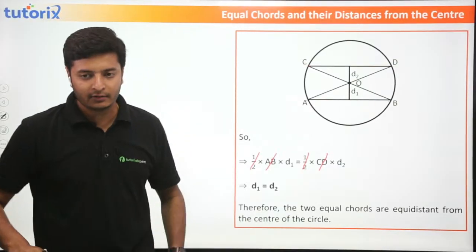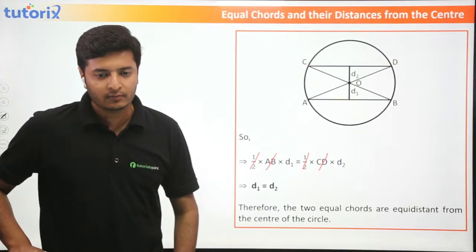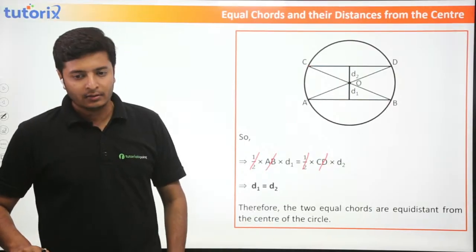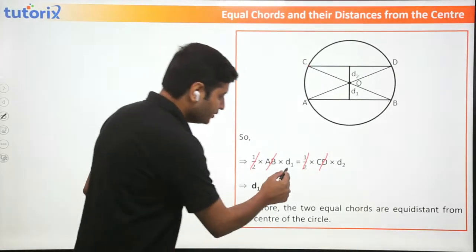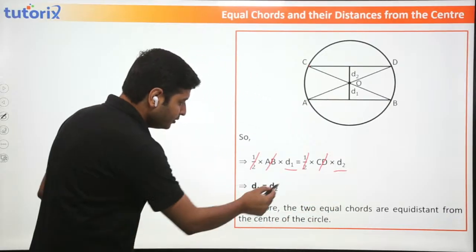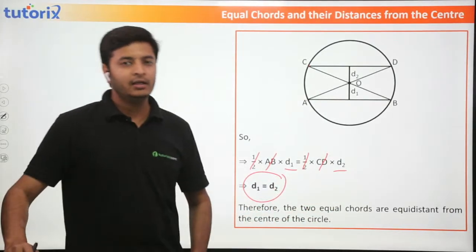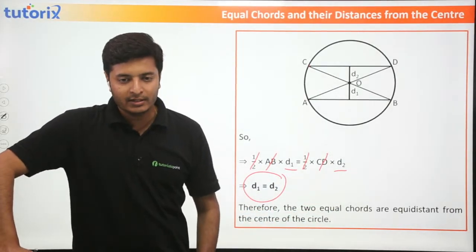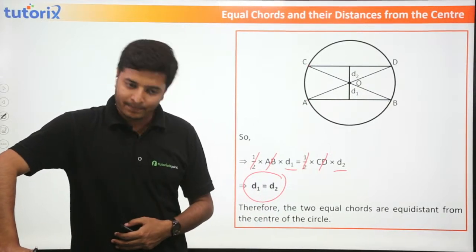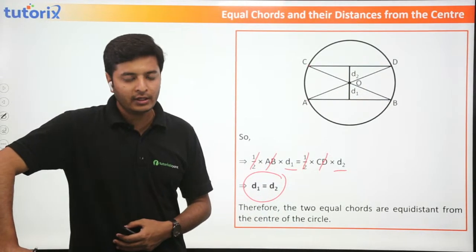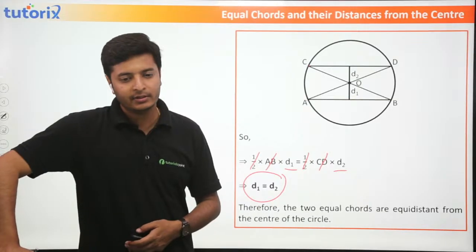That AB and CD are equal chords. Correct? Now, after cancelling, what are we left with? D1 and D2 only. So from here, we are getting D1 is equal to D2. Isn't it the same thing that we need to prove? Yes, sir. So it means two equal chords are equidistant from the center of the circle.